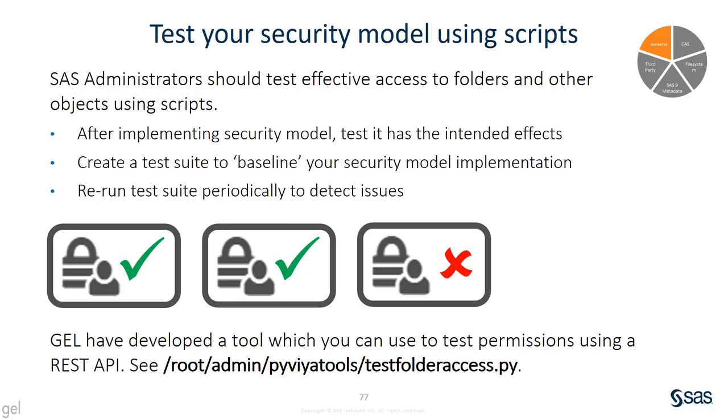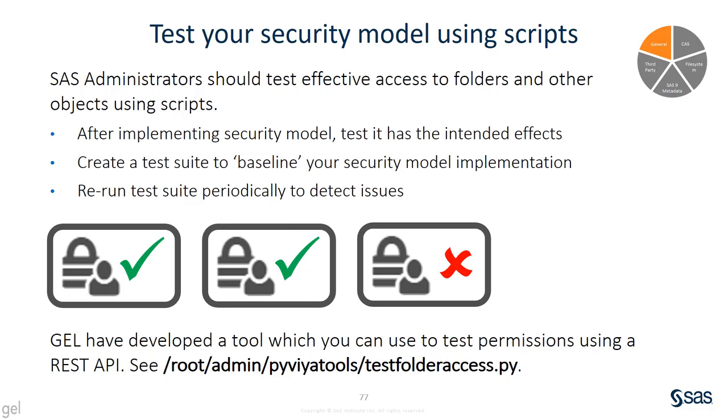So finally, when you have all your security set up, it's a good idea to test it. We have some scripts available that allow you to test effective access for your security model. And it's something you should probably do periodically as things change. You should run scripts or have some other mechanism to test if your security model is holding up. We have a set of tools, the Viya tools, that we've already used in class.